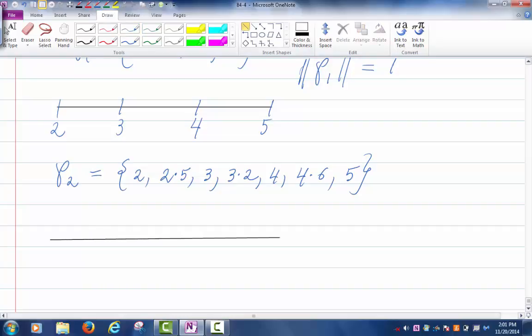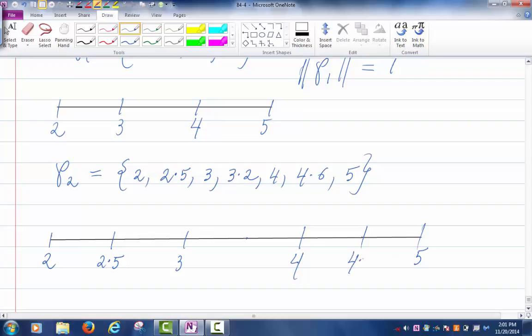Well, here is 2, let's say, and here is, let's say, 2.5, 3, and this would be 3.5 and 4 would be right here, 4.5, and let's say 5 is here.